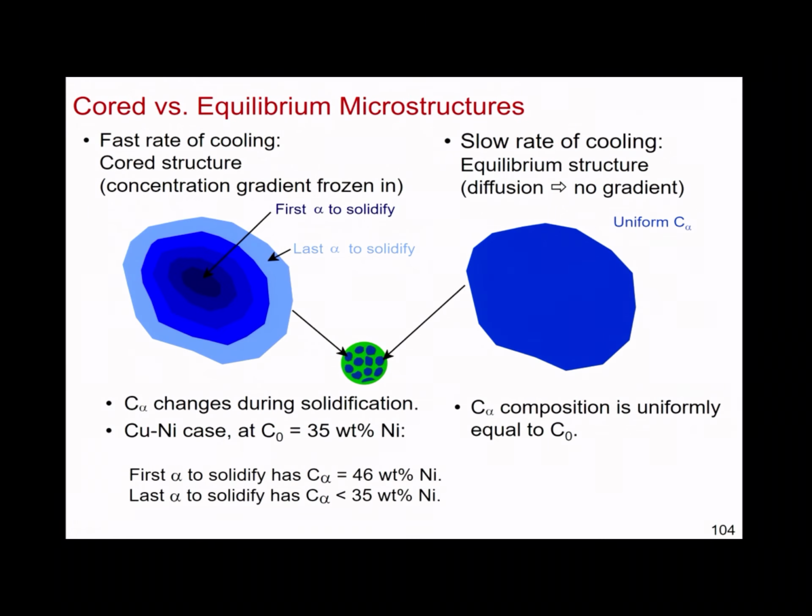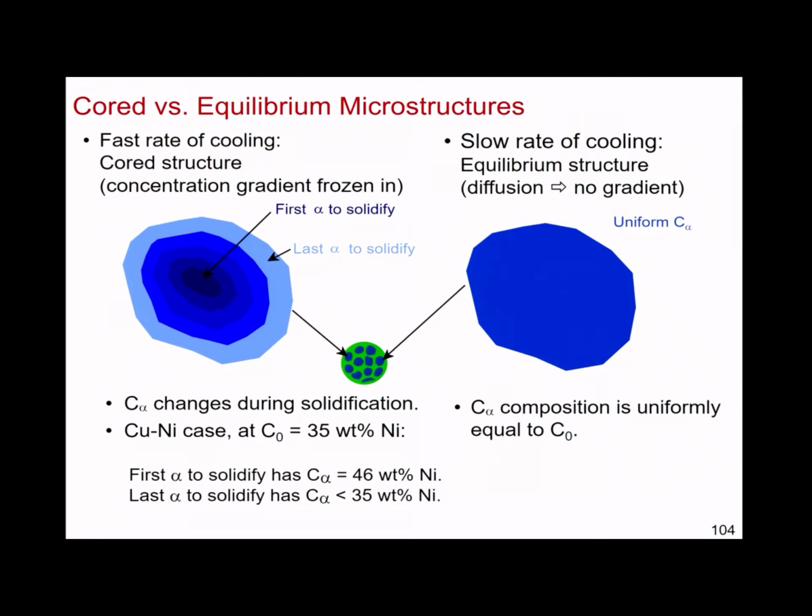A small word about coring and how you can have non-equilibrium microstructures. Basically, if you cool too rapidly, you're going to have a gradient of the compositions that you see in the microstructure. When we were talking about the blobs before, we said you cool very slowly and then you get some solid area in liquid and then finally you just have solid.